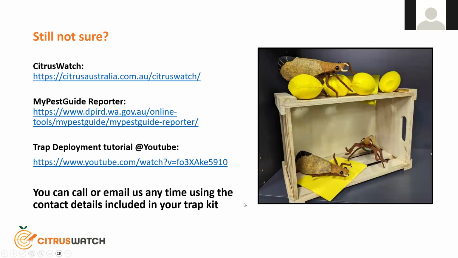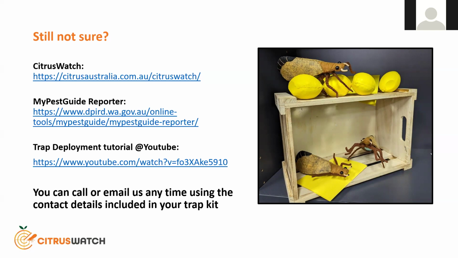All right. So if you still have questions, or you're not sure about something, but you're a bit shy and you don't want to make a call or send an email, you can also find more information and troubleshooting information from our website, which is citrusaustralia.com.au CitrusWatch.